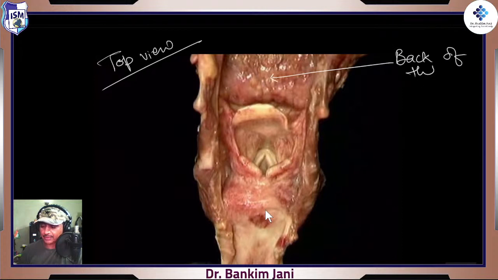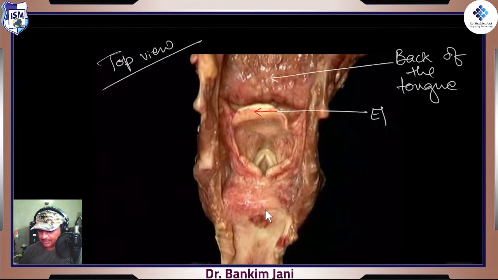Back of the tongue. All right. Then there is this gatekeeper who is handling that food should be going into the esophagus and air should be going into the trachea, and that is the epiglottis. This is the epiglottic cartilage.